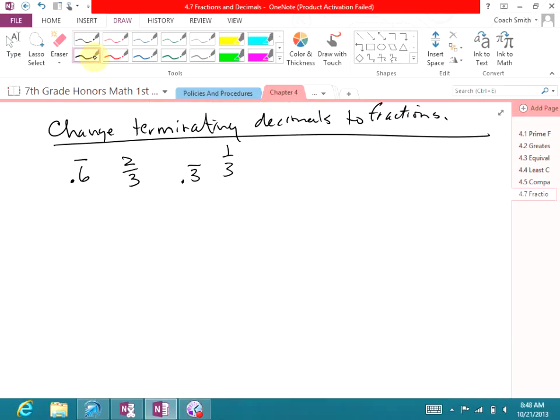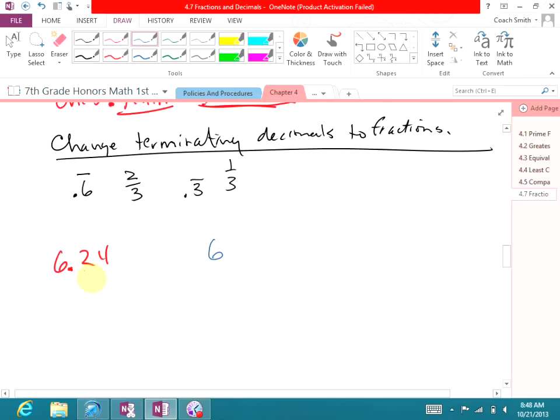So, having said that, let's talk about terminating. Now, terminating ones are very simplistic. For example, 6.24. That is a terminating decimal number because it has no bar on it. Doesn't repeat. So therefore, how we change that to a fraction is I simply take the 6 and put it out in front.